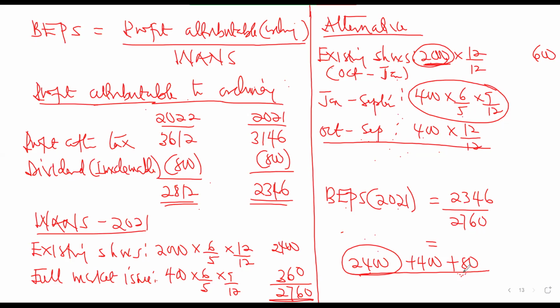So going to the next year, you don't have a problem with that. You just have to ask yourself, what was the shares in issue? 2,000. What was the bonus issue on it? That is 400. So that will be 2,400. There was a new issue of 400 that will also be added. What is the bonus element on that? That is also 80.